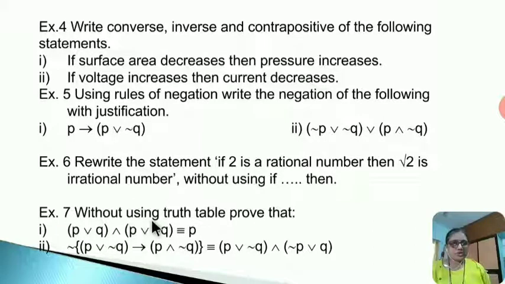In question 7, we have to prove the logical equivalence without using truth table. Remember, in this type of example, we have to write the justification also. That means we have to write the rule or the law that we use, okay, for the justification.